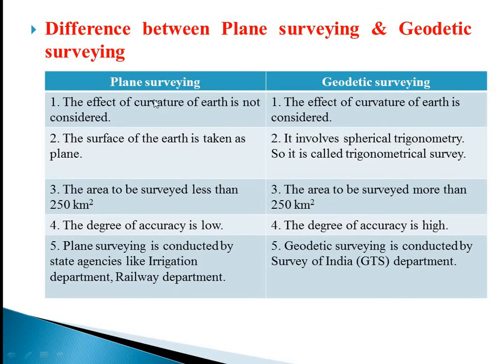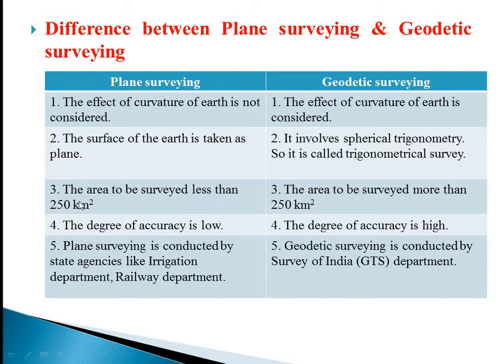In plane surveying, the effect of curvature of earth is not considered, while in geodetic surveying, the effect of curvature of earth is considered. Second, in plane surveying, the surface of earth is taken as a plane. In geodetic surveying, it involves spherical trigonometry, so it is called trigonometrical survey.